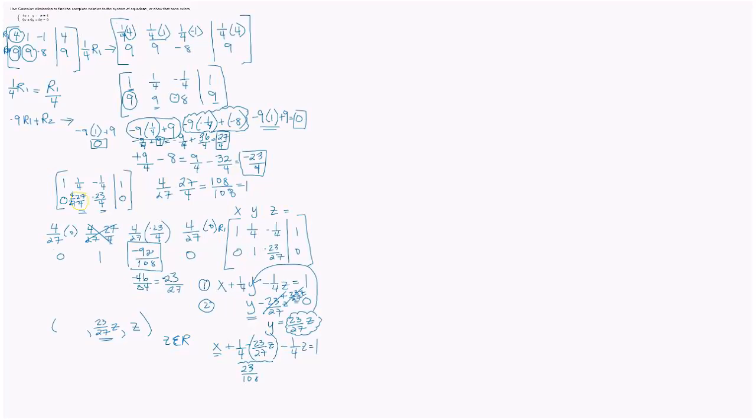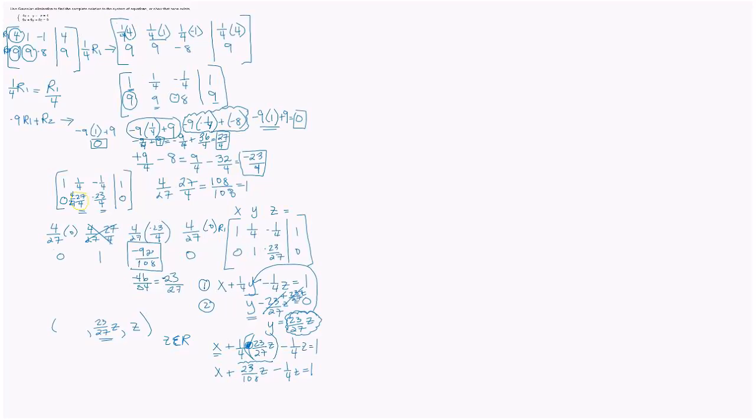No, it's not negative, that wasn't supposed to be there. This is positive here, and it was positive there, so I'm okay. So 1 times 23 equals 23, 4 times 27 is 108, so that's going to be 23 over 108z. And x plus that, I'm just bringing down the x, minus 1/4 z is equal to 1.